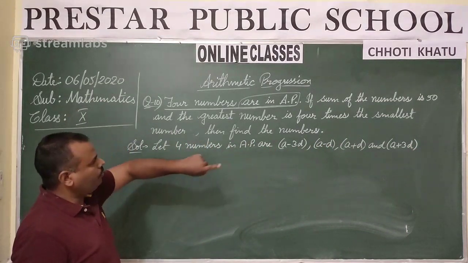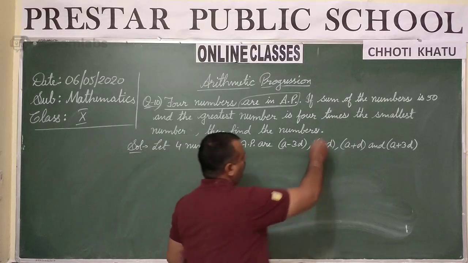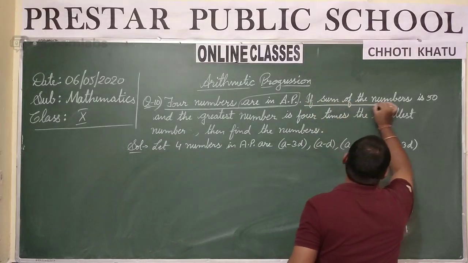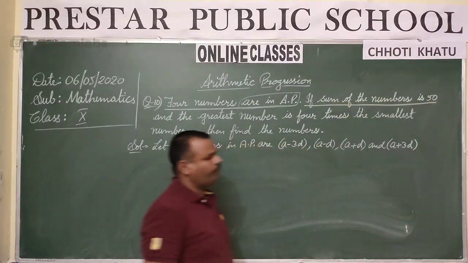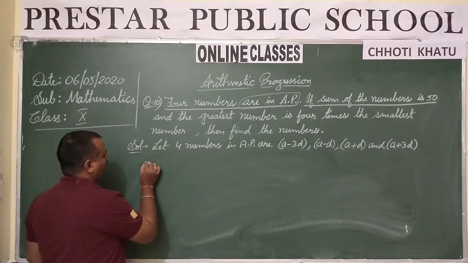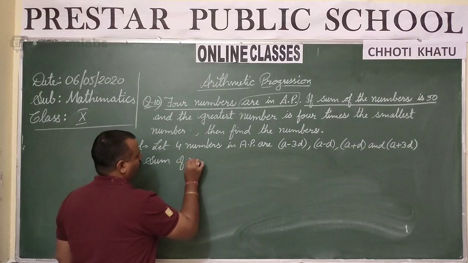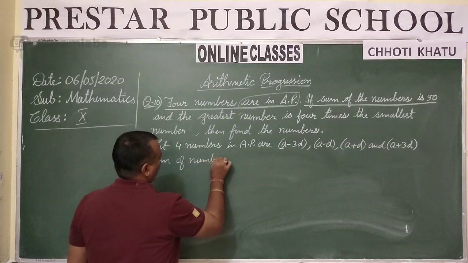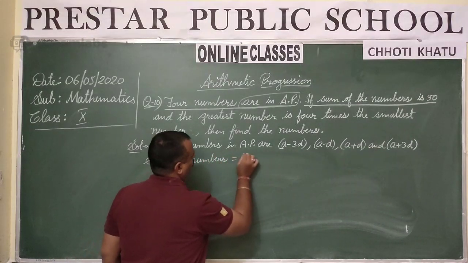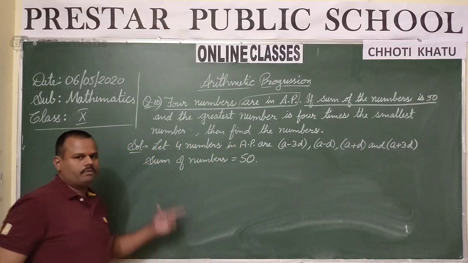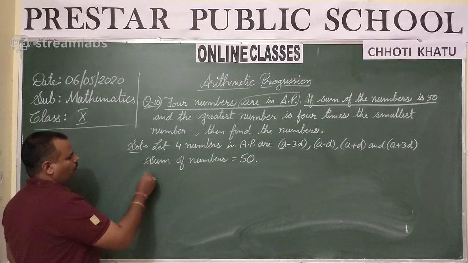Now, according to the condition, what does the first condition say? It says the sum of the numbers is 50. So the sum of numbers is equal to 50. What are the numbers?